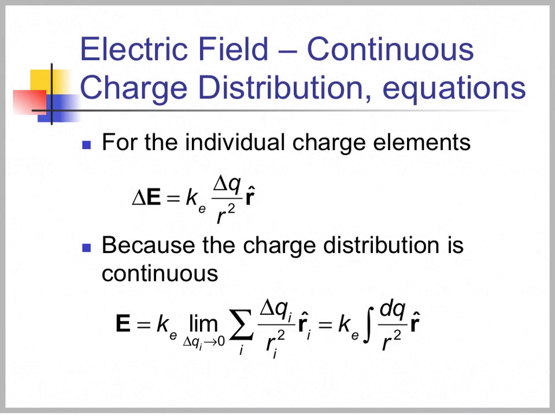And that just gives us the definition of an integral. So the electric field then becomes K times the integral of dq over R squared. But remember, this is a vector integral, because as we move around and look at different charges, that vector r may change, and so we'll need to pay careful attention to how we do these integrals.